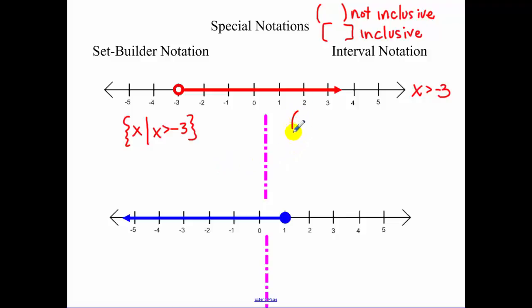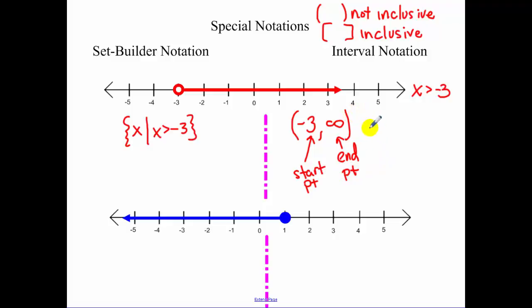We use a parenthesis because we don't include negative 3. So it's negative 3, comma, and then our endpoint, it goes on forever, so that's going to be positive infinity. So this is not a coordinate. What this is, that's the start point. It tells me that our interval starts at negative 3 and goes forever to infinity.